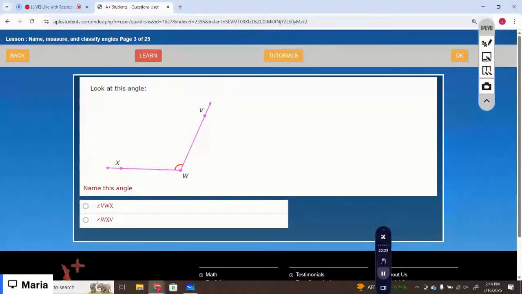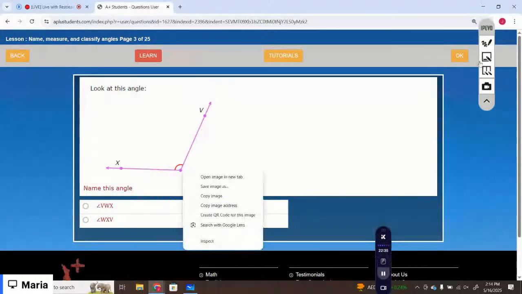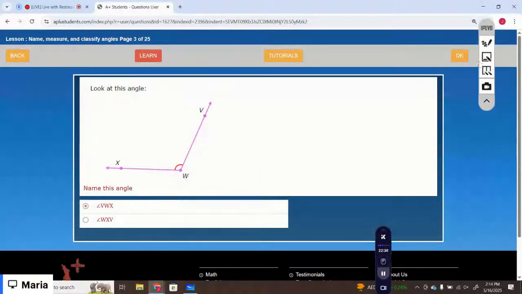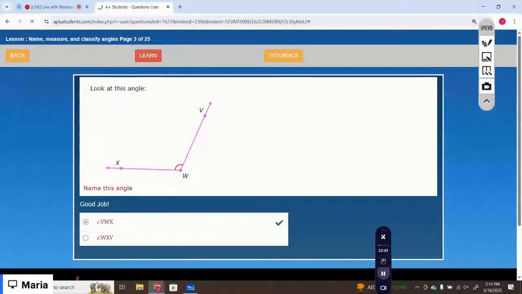Look at this angle. Name this angle. The name of the angle is EWX, W is the vertex. Vertex must be in the middle, so option number one is the correct option.